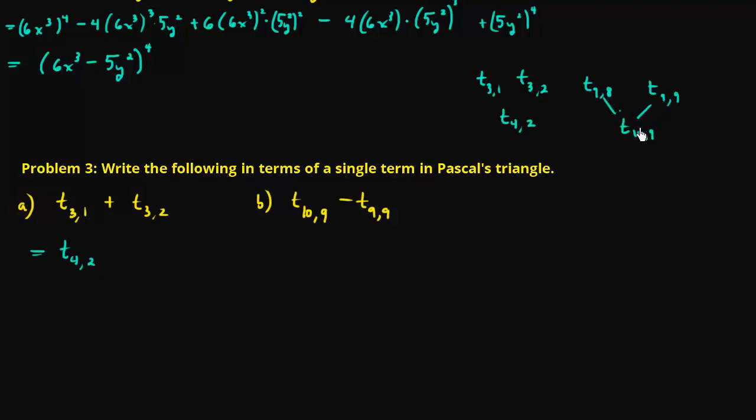If I do this value minus this value, it should give me this value. So this is equivalent to the term in row number 9, diagonal number 8. Okay. So sometimes if you're given a sum or a difference of terms in Pascal's triangle, you can write that in terms of another term.